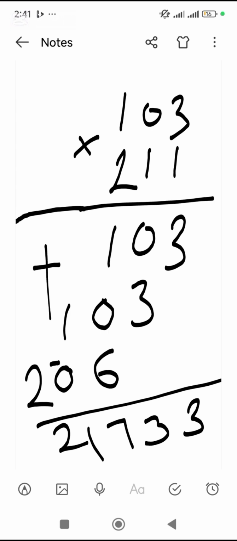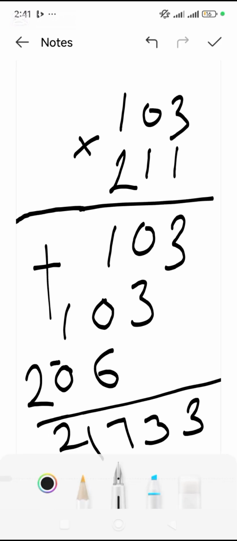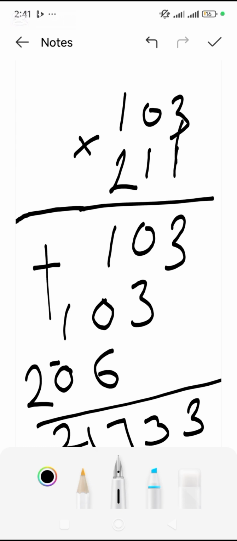So we begin from multiplying this: 1 times 3, then 1 times 0, and then 1 times 1. We move to the second digit and say 1 times 3, 1 times 0, 1 times 1.